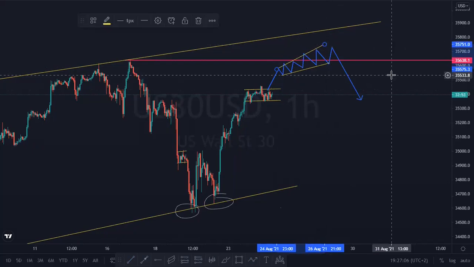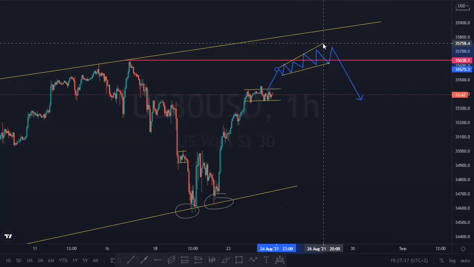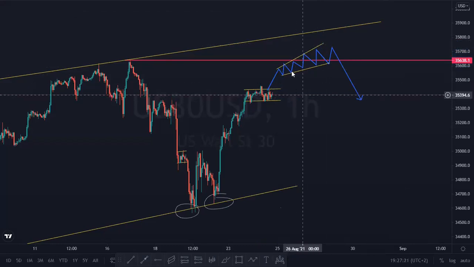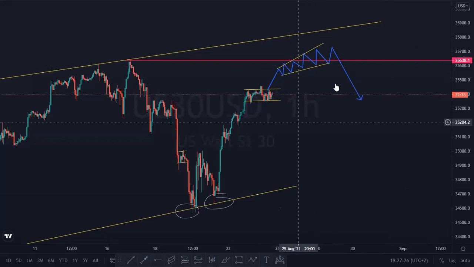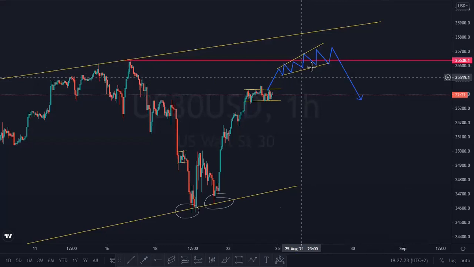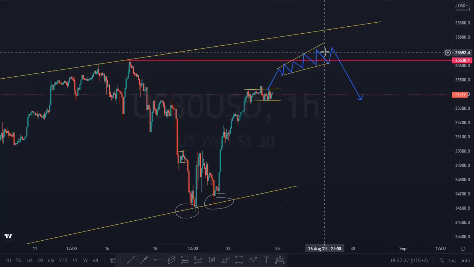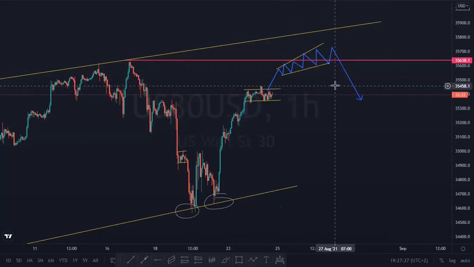Why is it running away now? Okay, it should come back now. It's a falling wedge. It's a falling wedge reversal pattern.